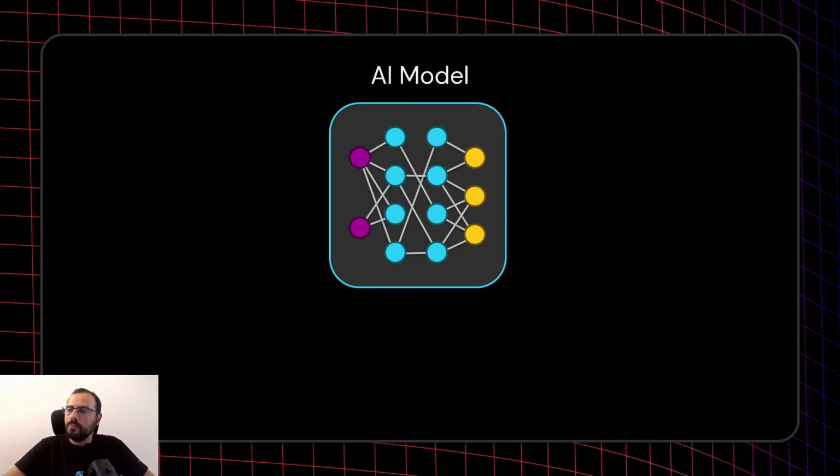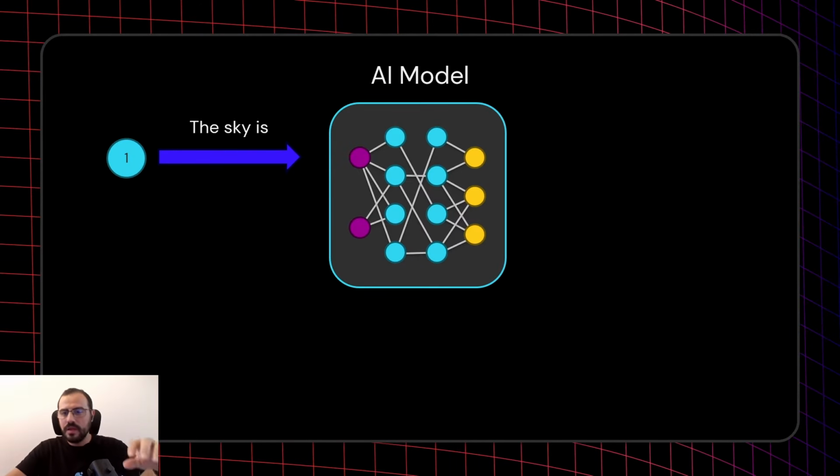So it's a very complex algorithm, and the only thing that it does is to receive a set of inputs, in this case tokens in the form of text, right? And based on the input that it receives, and based on the training that it got from huge amounts of data, it calculates that the best or the most suited next token to give is the word blue.